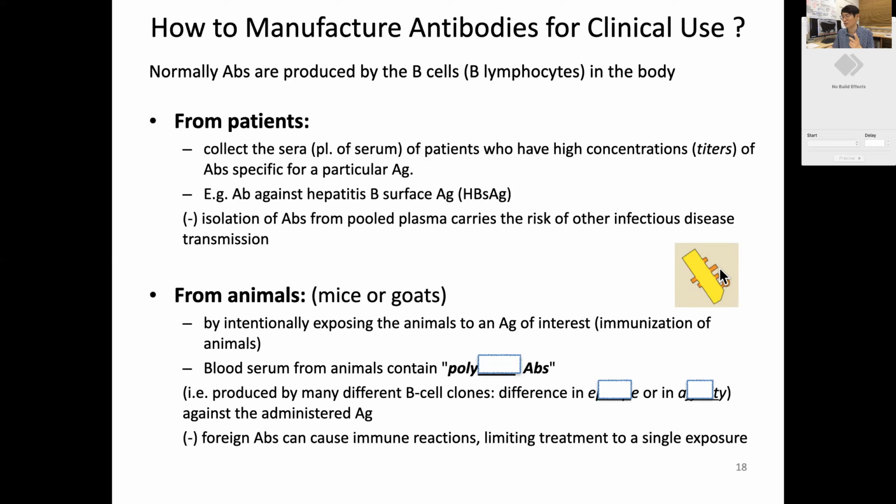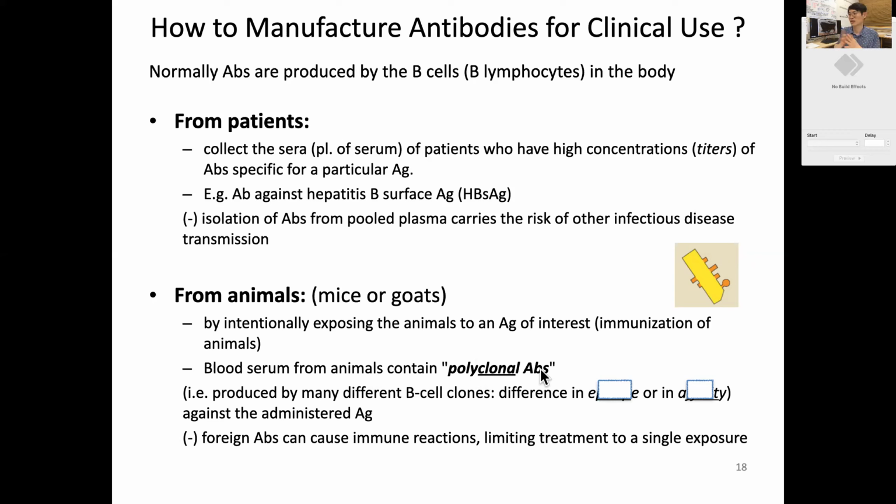As a foreign body getting into the animal, the immune system will develop antibodies against these antigens, especially since there are multiple epitope sites. So the blood serum from the animal will contain not only a single antibody but multiple. That we call a polyclonal antibody.